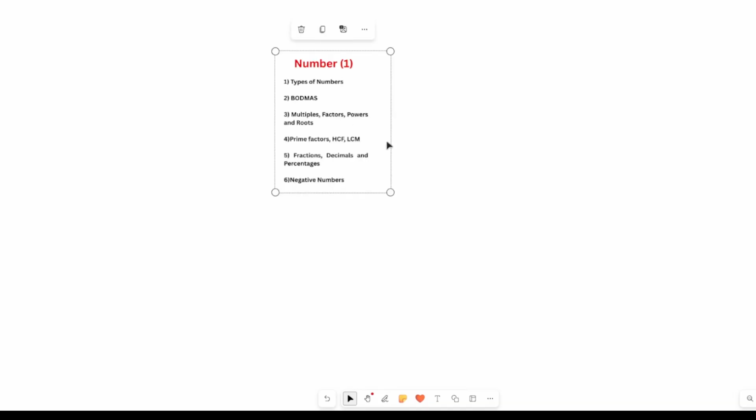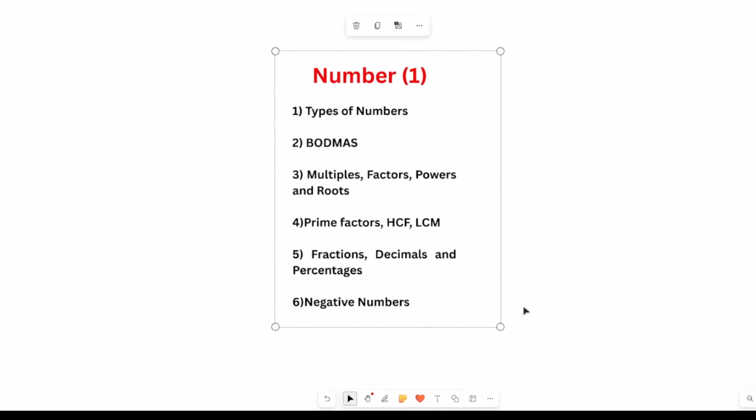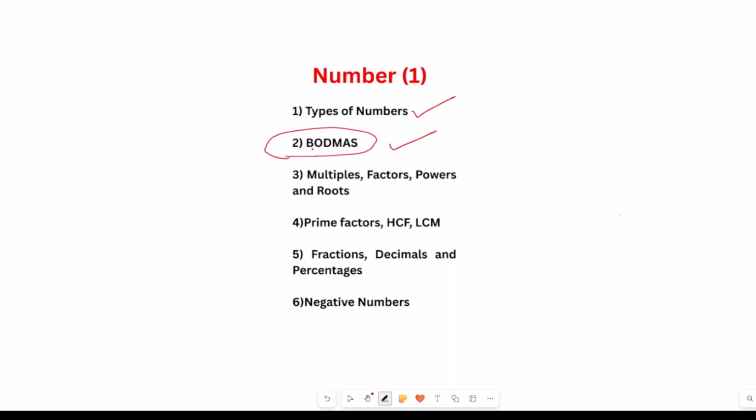And where are we going next? So I'm going to bring our structured topic and subtopics. So we have finished with types of numbers in an earlier video. We are just completing BODMAS. We have finished with BODMAS.